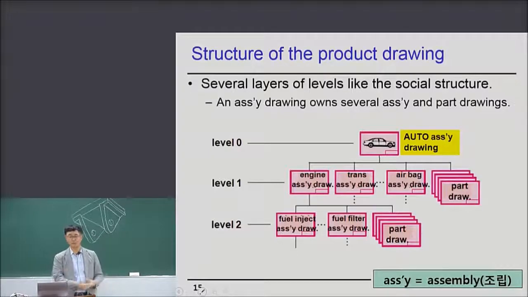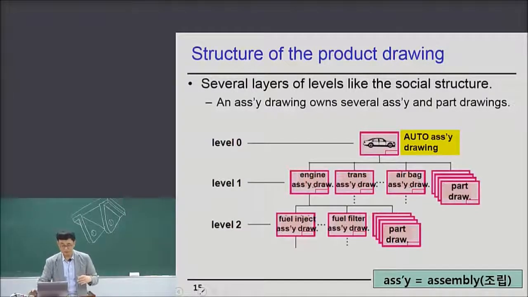Then you can assemble an engine. In the same way, the transmission assembly drawing also has many assembly drawings and part drawings, and purchase parts are listed in the transmission assembly drawing. So in this way, there is level 3 too.